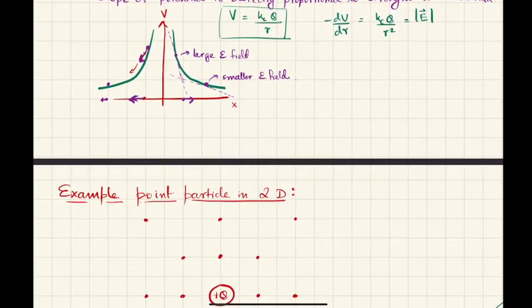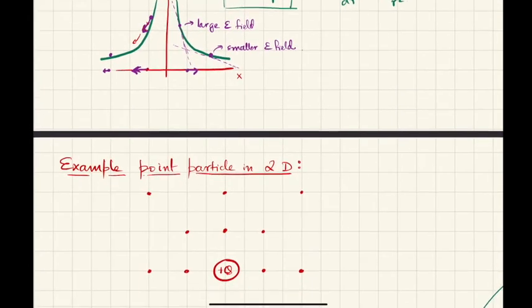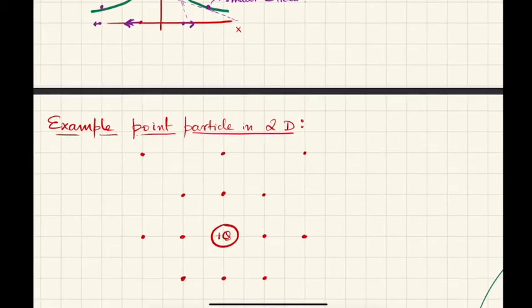All right, so let's come to a more complicated example of a point particle, but this time we're going to map out what the electric field looks like in two dimensions. Let's start with this point over here, because you've already done this. As usual, this is k_c q over the distance of 2 squared, so 4, and it's going to be pointing away from the charge, so that's some arrow, let me represent it by that.